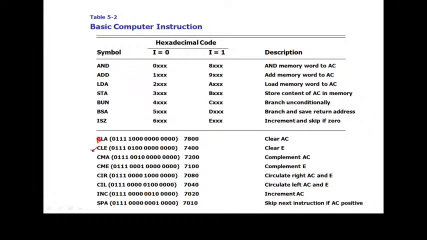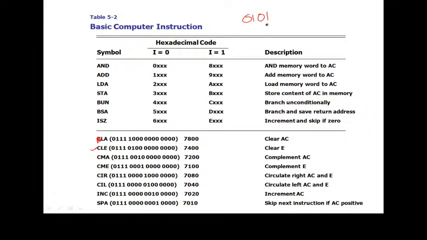What is circular shift? Circular shift means the contents of the accumulator will get rotated. You know shifting? For an example, I will write it here. The contents will be, let us say, 0, 1, 0, 1. Let us say my accumulator is just 4 digits.